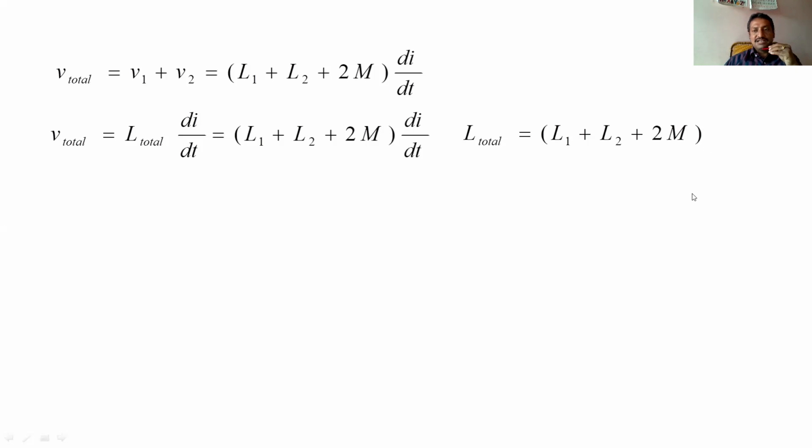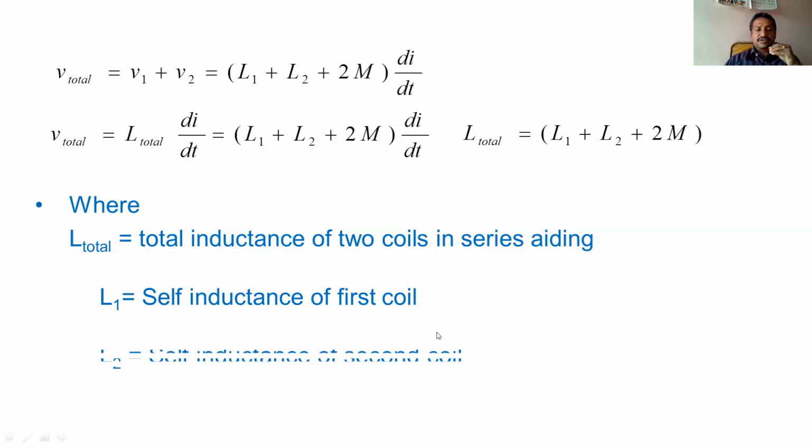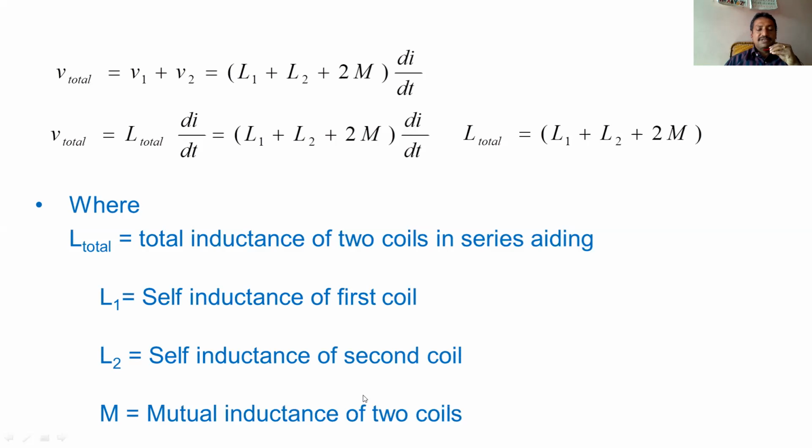So remember, dear students, in series aiding the total inductance of the two coils is equal to the algebraic sum of the self-inductances plus 2 times the mutual inductance, called the total inductance. Therefore L total equals L1 plus L2 plus 2M, where L total is the total inductance of two coils in series aiding, L1 is the self-inductance of the first coil, L2 is the self-inductance of the second coil, and M is the mutual inductance of the two coils.